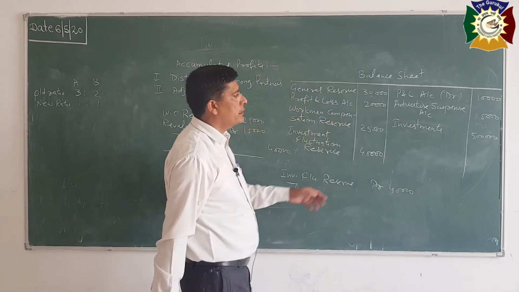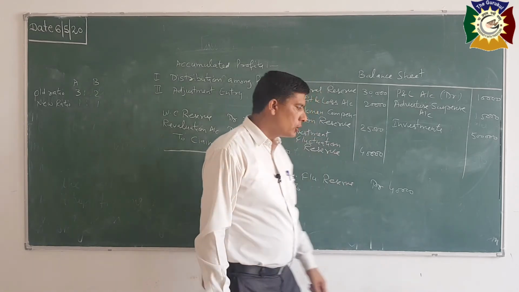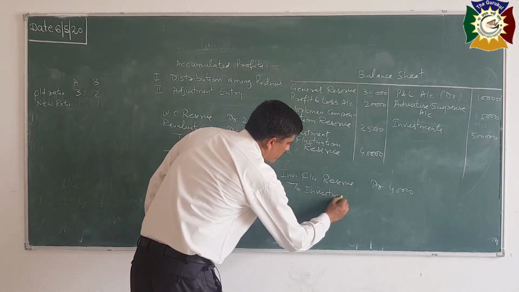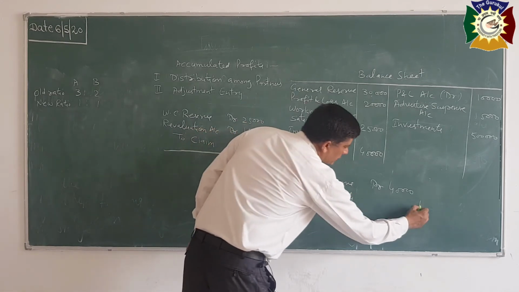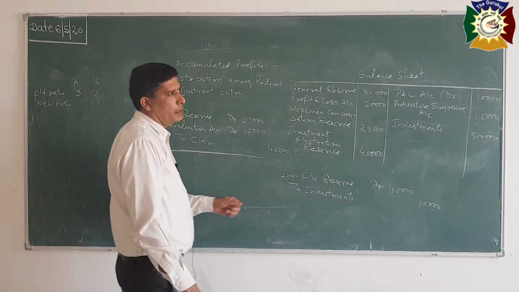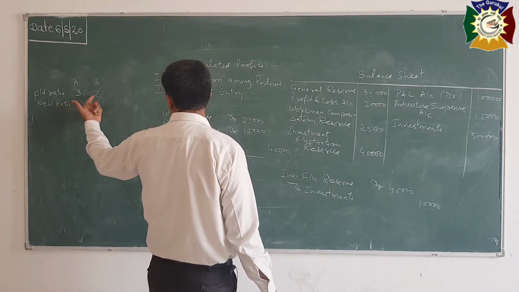Value of investment is decreased by 10,000. When an asset is decreased, we will credit. So to investments 10,000, and the remaining balance in reserve, that is 30,000, distribute in old partners in old ratio, that is 3:2.